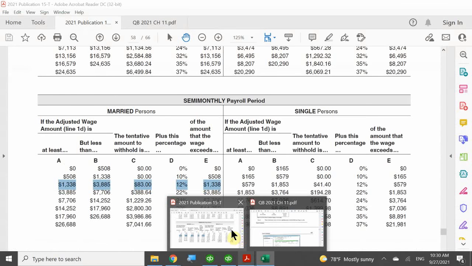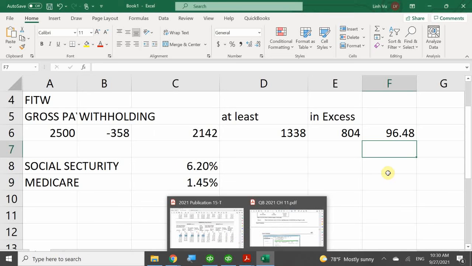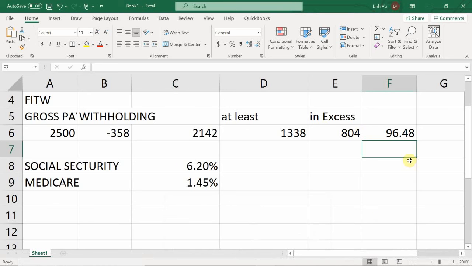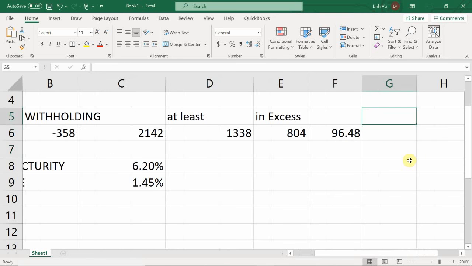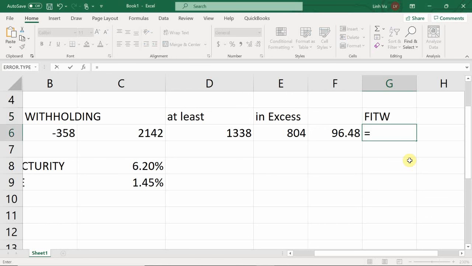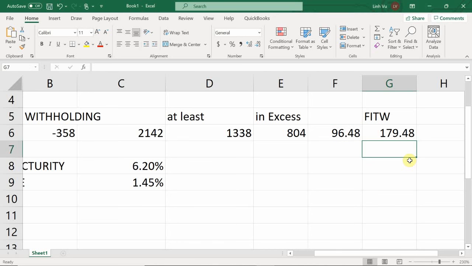In this case, $83 is what is automatically taken away from her. So that means her total FITW is going to be $83 plus this $96.48 to get a total of $179.48.